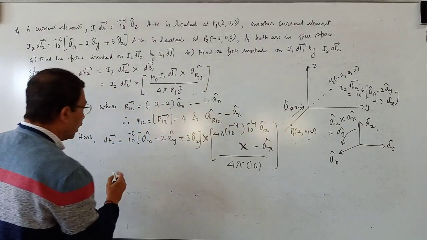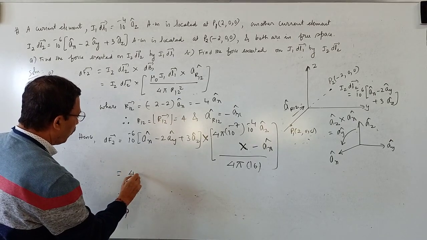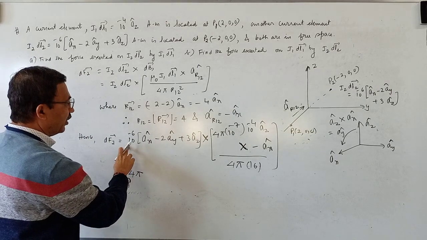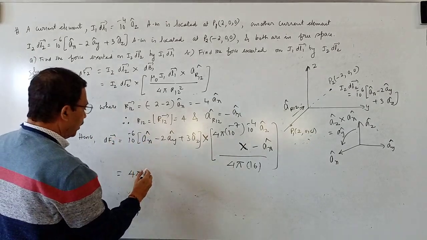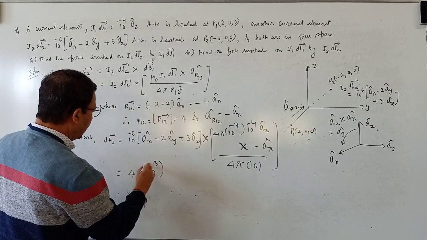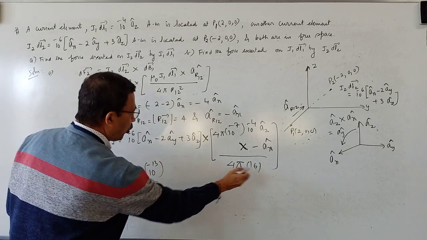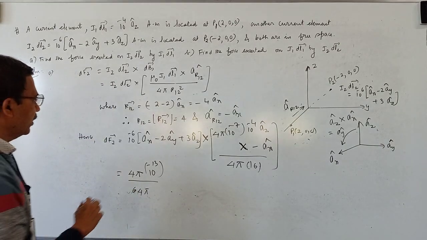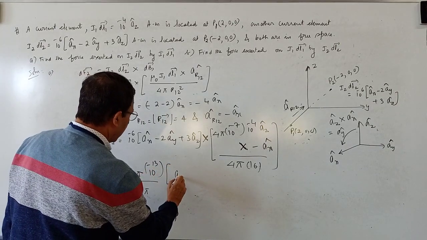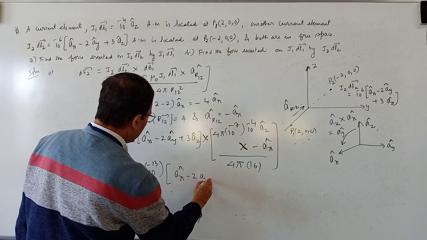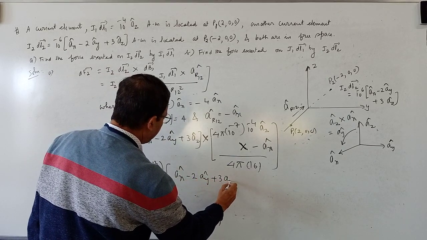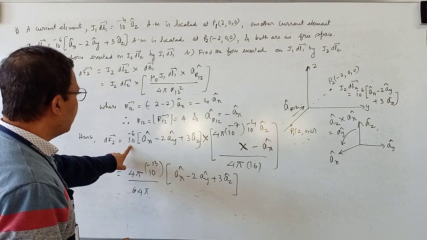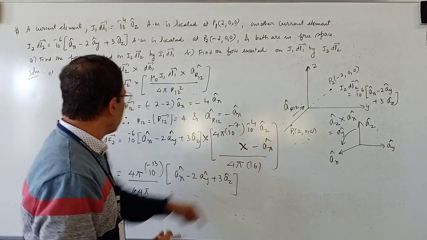So this expression now becomes 4 pi 10 to the power minus 7 into 10 to the power minus 6. If you add the powers, you get 10 to the power minus 13, divided by 4 pi into 16, which is 64 pi, into (ax cap minus 2 ay cap plus 3 az cap). 10 to the power minus 6 into 10 to the power minus 4 is also there.